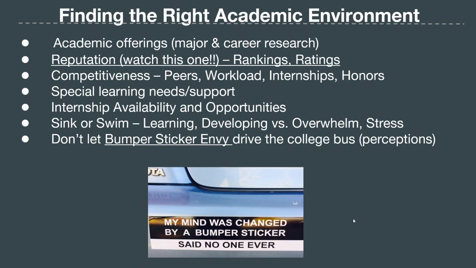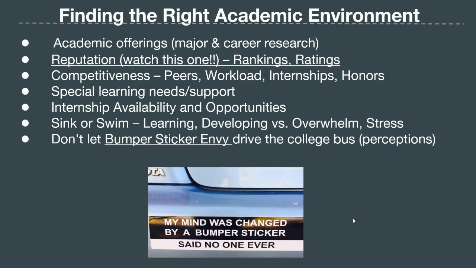We've talked about reputation, ratings, and rankings, but watch this one because it depends on what the rating ranking source is. It's all about the small type, meaning how the study was put together. Most people don't read the small type. And again, from our perspective, if you don't know where to start, but you think your child has interest in a specific major or geography or type or size of school or state, you can absolutely do searches of ratings and rankings based on that criteria.